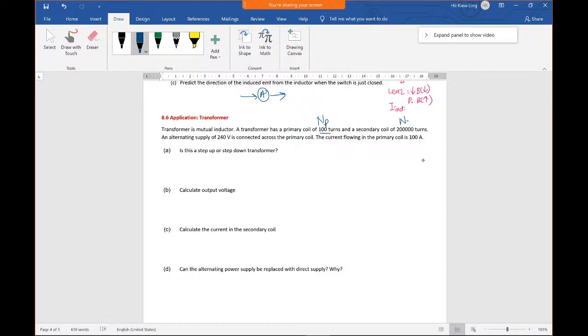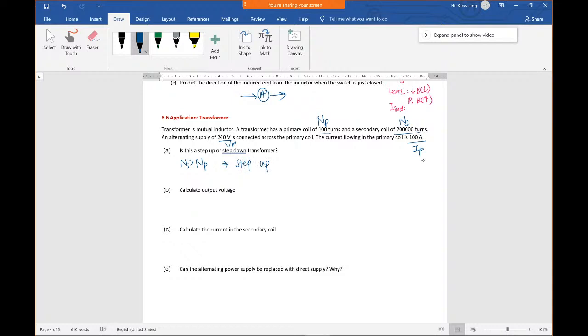An alternating supply. So this is primary coil. Current in primary is 100 ampere. So is this a step up or step down transformer? Okay, since secondary coil is larger than your primary coil, it is a step up transformer.